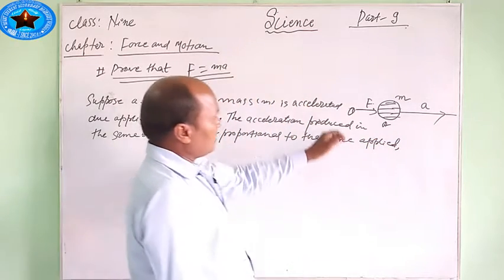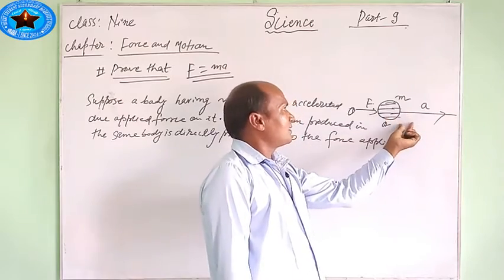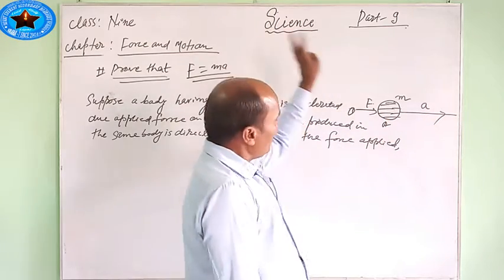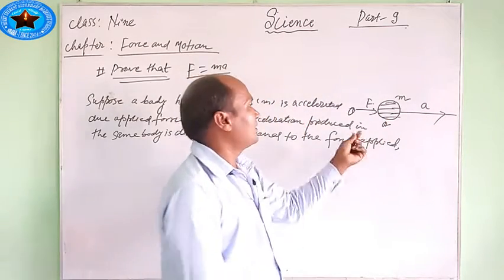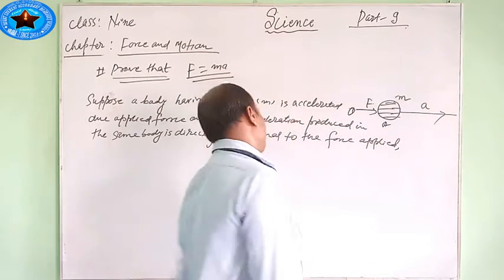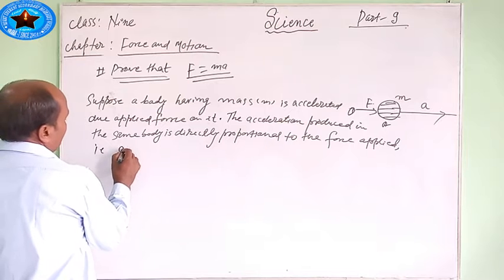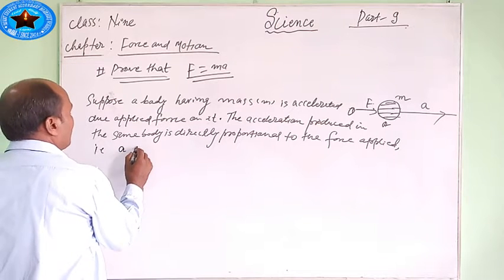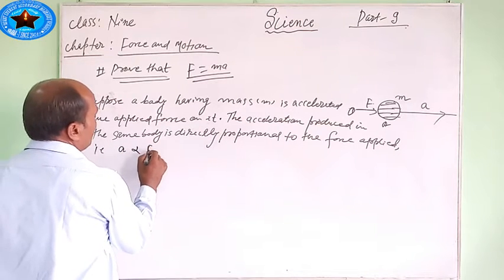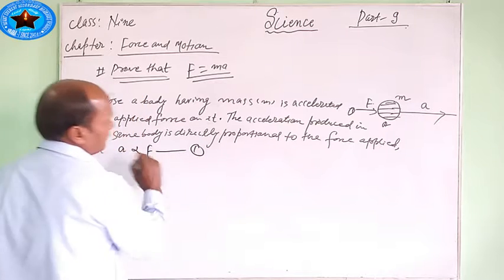It means that as the amount of force applied increases, acceleration increases. As the amount of force applied decreases, acceleration decreases. We can also write that this acceleration A is directly proportional to the force applied.